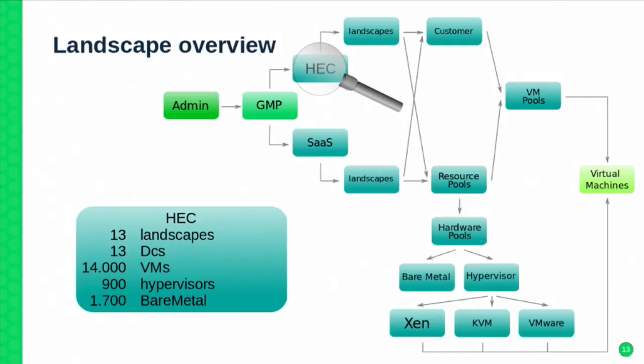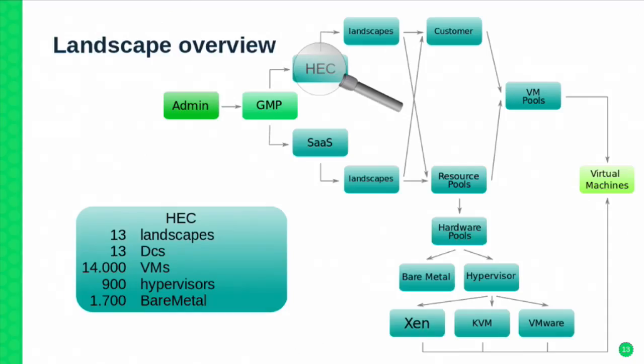But they're running HANA, of course. They're running S4HANA, and all the SAP applications in there. To the 14,000 VMs, we have 900 hypervisors, mainly Xen, and also 1,700 bare metal installations, and these are mainly big HANA servers, with several terabytes of RAM.